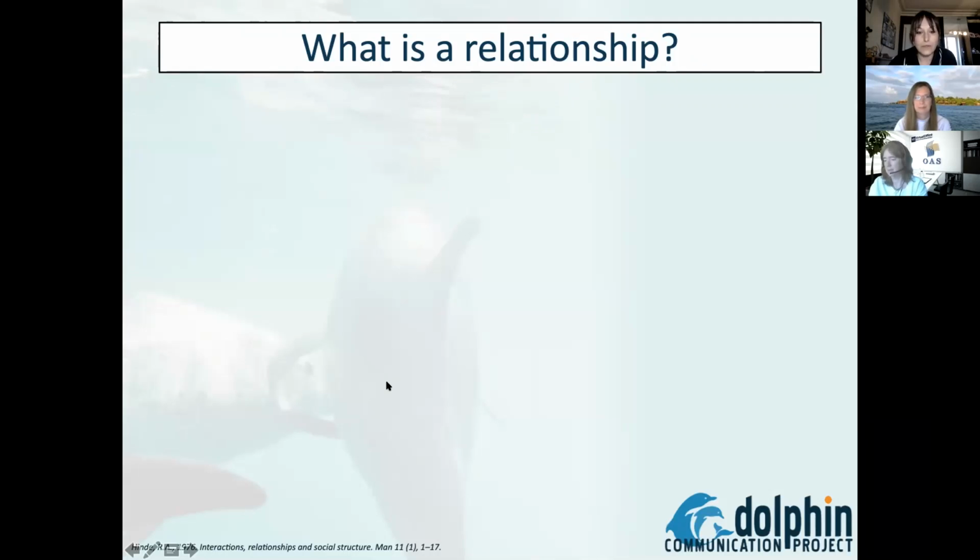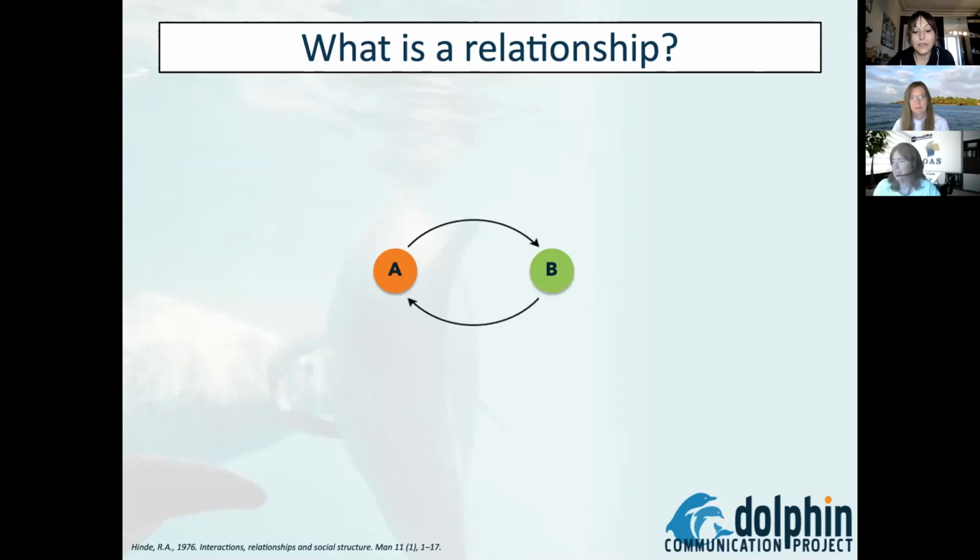Individuals in their environment are prone to cross the way of other individuals and so interact with each other. So if we take two individuals, A and B, and A is starting to interact with B, B is responding to A, depending on the nature, the frequency, and the consistency of this interaction.